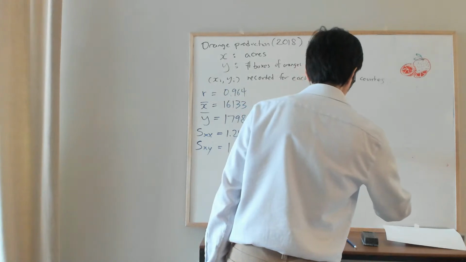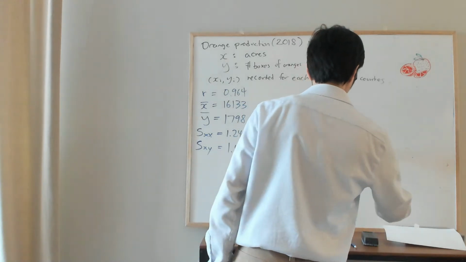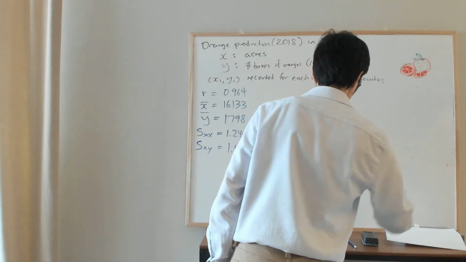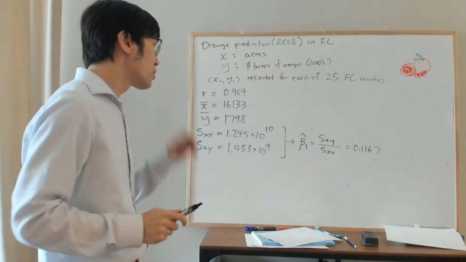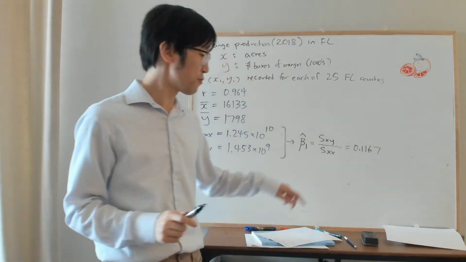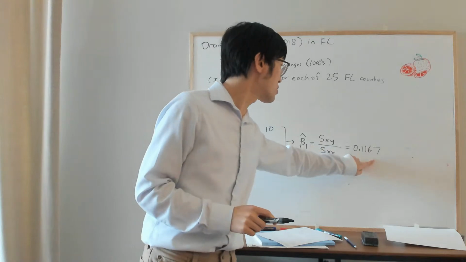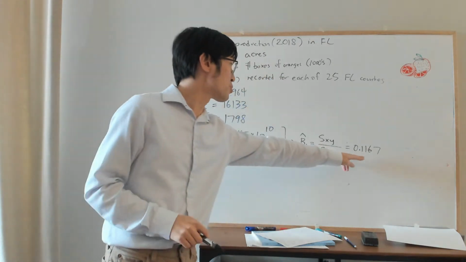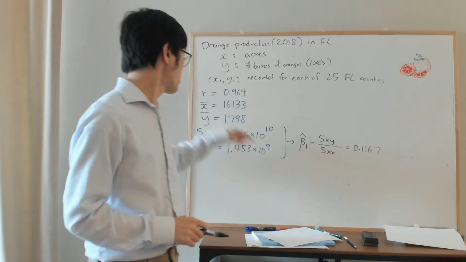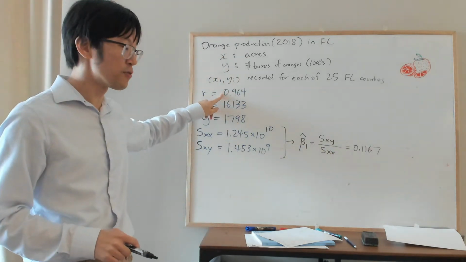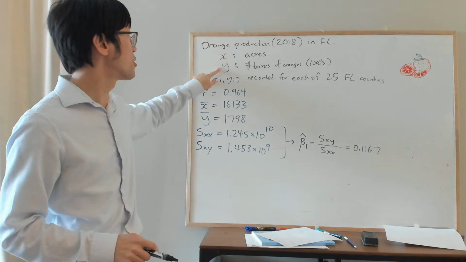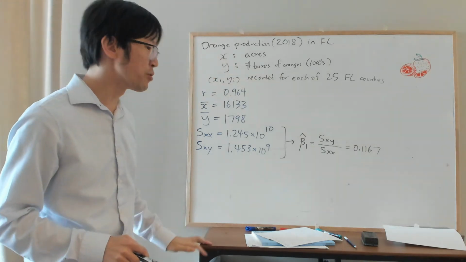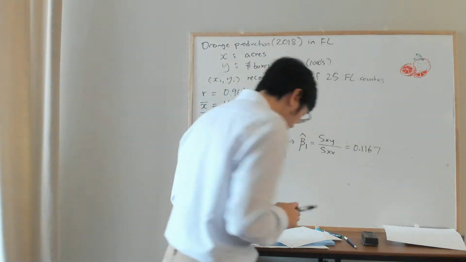And so that comes out to be about 0.1167. Okay, so let's remind ourselves of what this number means in terms of interpretation. So firstly, this is a positive slope, which corresponds to the positive correlation between acreage and the amount of oranges produced.